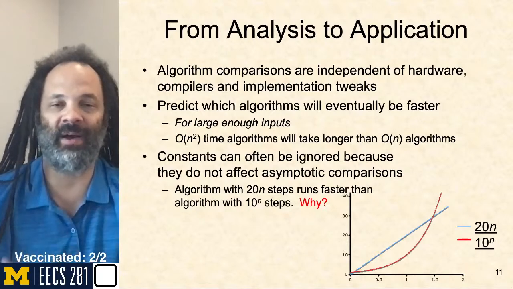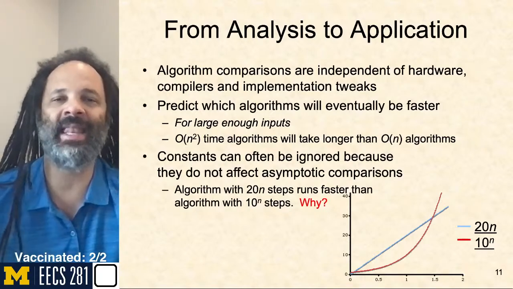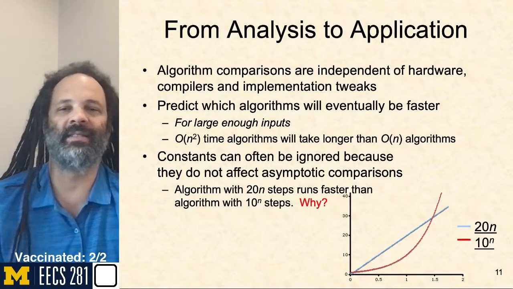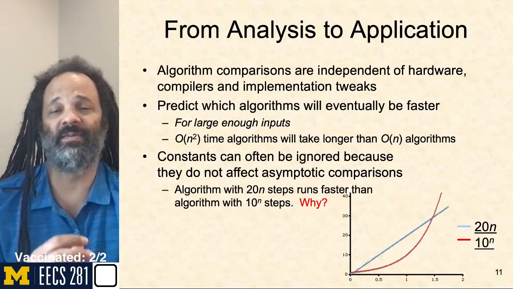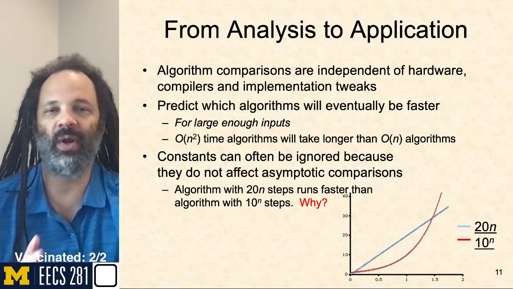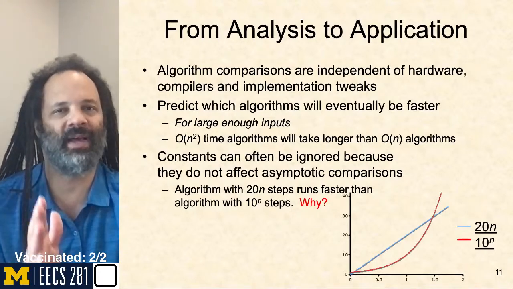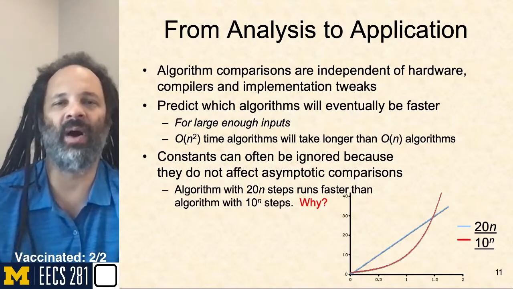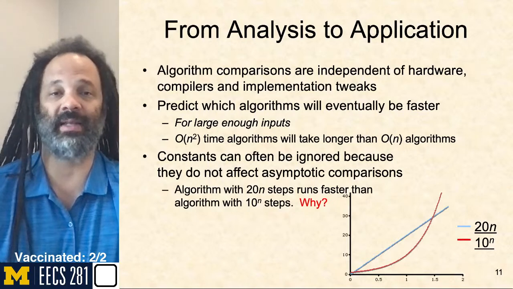It's the 100,000 that makes a difference. It's the n that matters there, which is why we can also ignore other constants. If we say this particular algorithm is 5n squared plus 3n plus 50, when n squared gets really large, that 5 times 100,000 times 100,000 really blows away any additional small terms or other constant values.